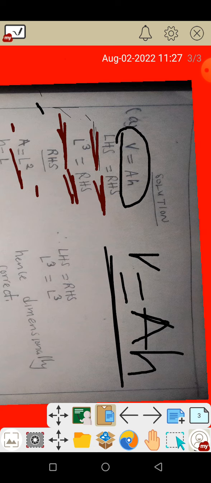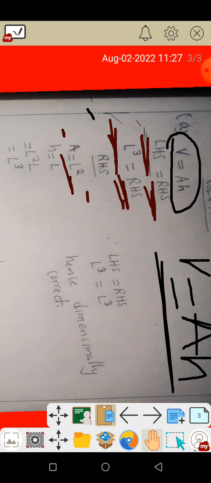On the right hand side, we have area. The dimension for area is L squared. Then the dimension for height is L. When you multiply L squared and L, it gives us L cubed.